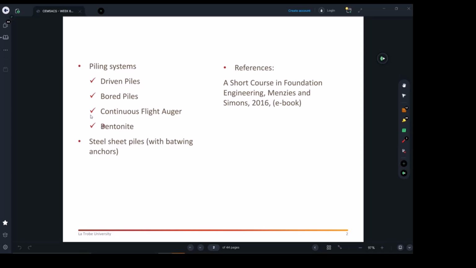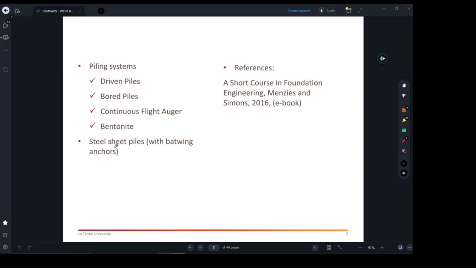So there is a solution by using bentonite. This is just a product that people pour and place into the ground, which acts as a temporary hold to stop the water from seeping into the hole.